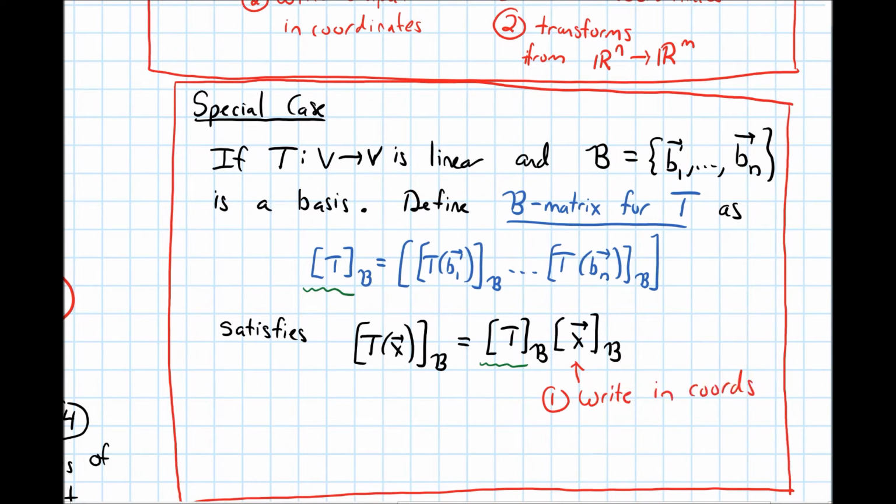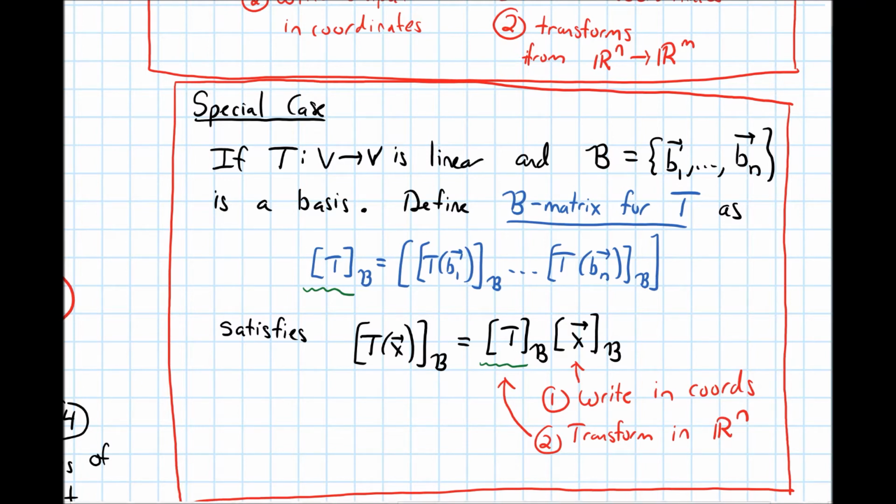And then applying this matrix to that transforms, so a matrix is a type of linear transformation. It transforms, but in Rn. So I don't need to say Rn to Rm because the domain and the codomain are the same here. So we're going from Rn to Rn.